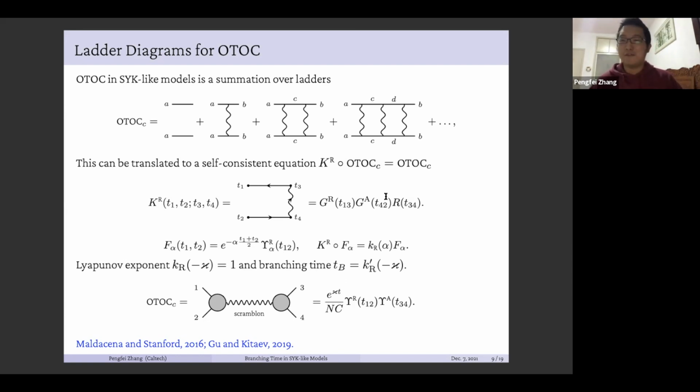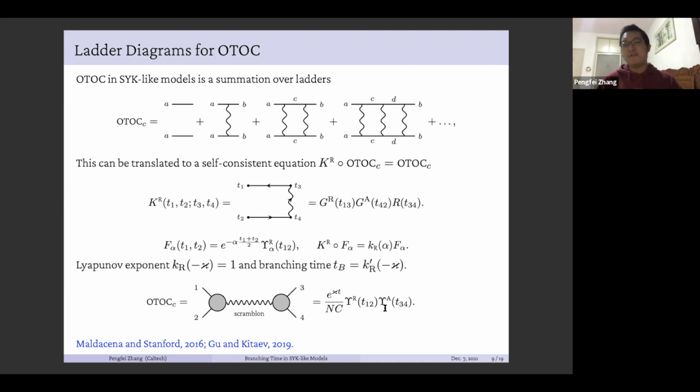Then you can define an advanced kernel, which applies on the out-of-time-order correlator from the right-hand side, so OTOC applying on this Ka equals OTOC. A similar analysis gives you another function called YA.